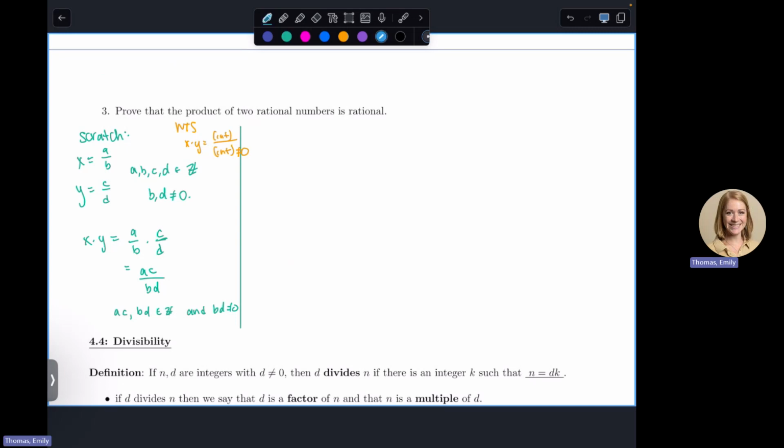Okay, and so start the proof. Okay, so let X and Y be rational numbers. Good. Keep going. By definition, X equals A over B, Y equals C over D, where A, B, C, D are integers.